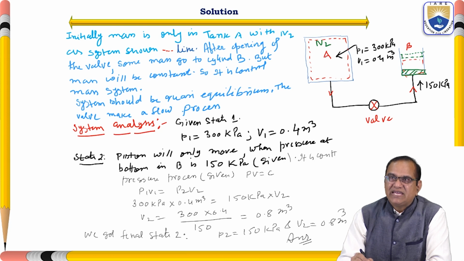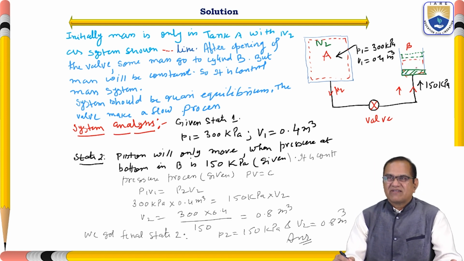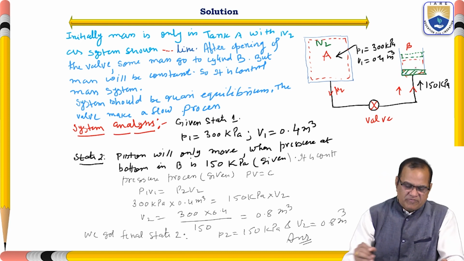This is the tank A, where P1 is 300 kilopascal and V1 is 0.4 meter cube. Here is a valve. If you open this valve, the nitrogen will move from here to here. The steady state condition for this is 150 kilopascal only, it will lift. So that is the given condition and we have to find the pressure and other parameters.